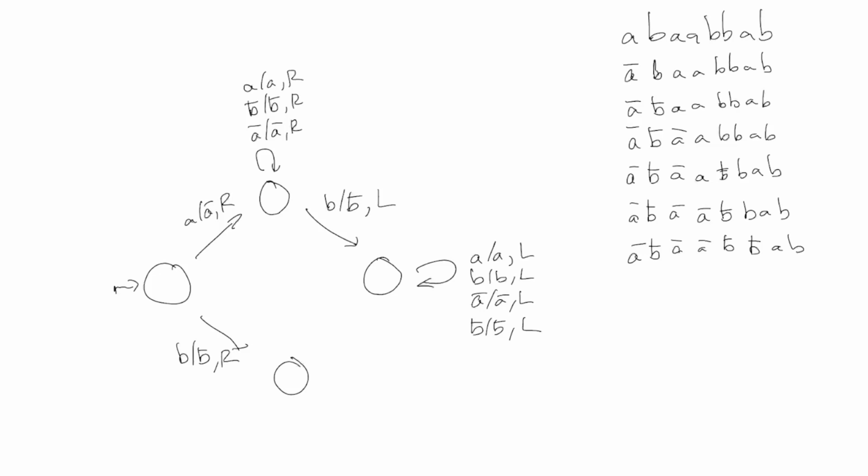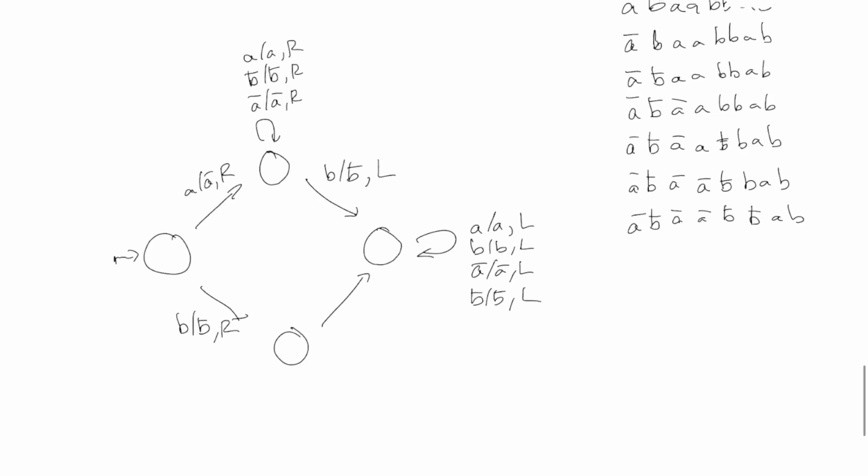And similarly, the other branch has to basically look the same, but the other way around. So this arrow here will say A bar L, and the loop on this one will have, this is B bar, so I'm looking for A's at this point, so I'm going to go through other B's and B bars.